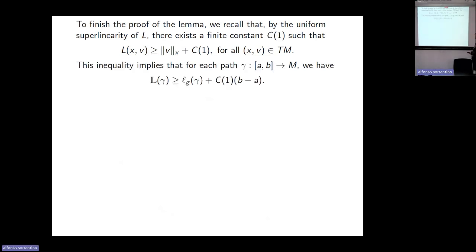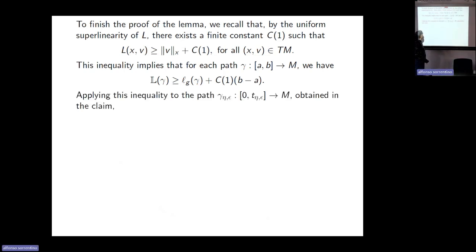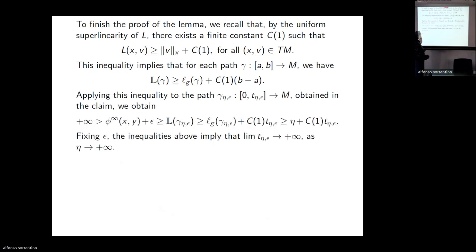so this implies that for any path, we have that the action of gamma is larger than the length plus C1 (b minus a). Okay, so we apply this inequality to the path, and here again there is this c0 missing all the time. I started to do the notes with c0 equals 0, and then I suppressed it, so it's missing everywhere.